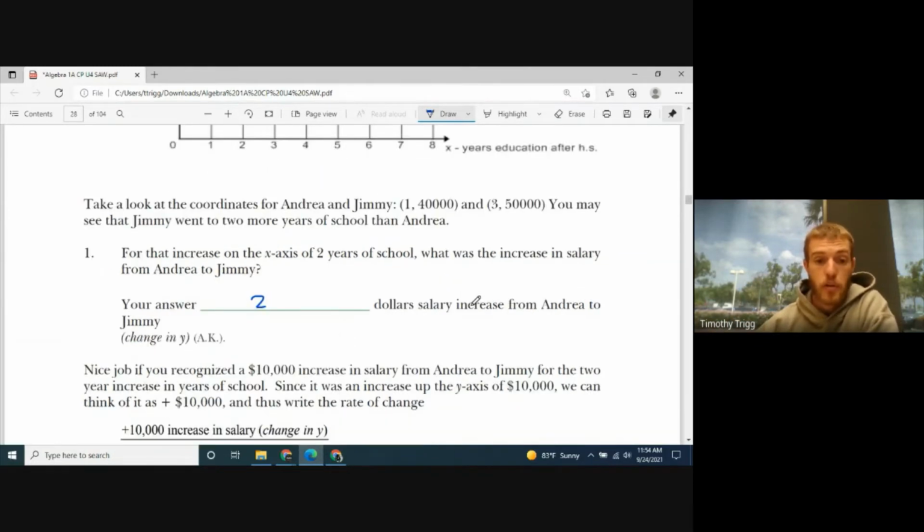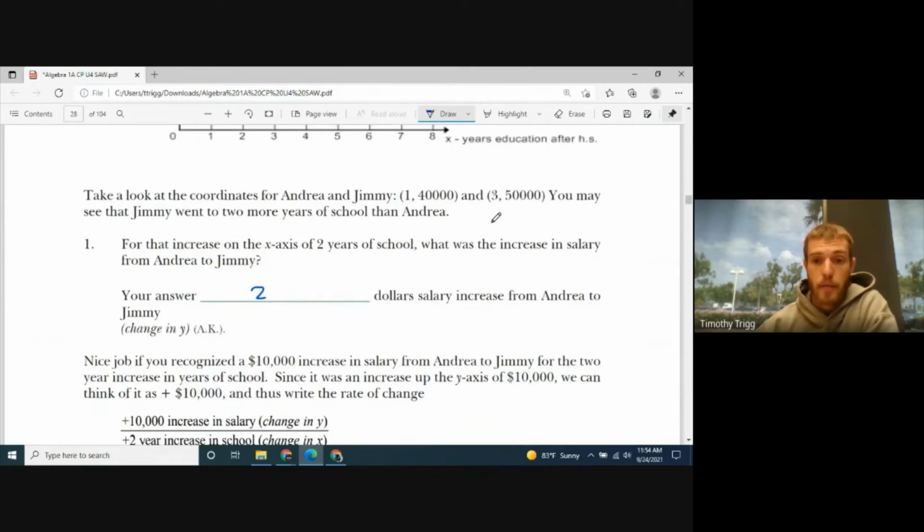Remember, for the slope, we do the rise over run. The slope is the rise divided by the run. For the run, you always look for the x. They already gave us that. That's 2, right?